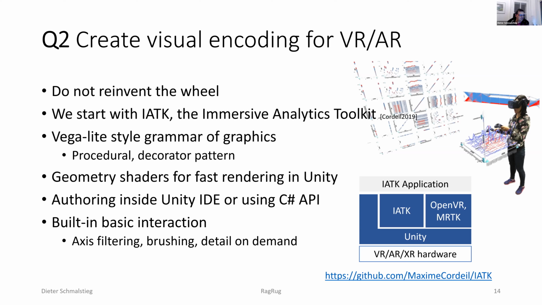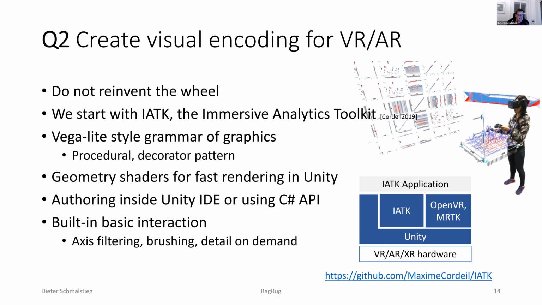It's using Unity for rendering, but it has its own way of creating the graphics. That's called the grammar of graphics approach. It's basically a procedural decorator pattern that everybody in the visualization community is using. So if you go to the web and you look at web visualizations, such as the ones created with, say, D3, that's one of the market leaders in that space, it would be the same kind of grammar of graphics approach, the same kind of procedural encoding with minor variations.